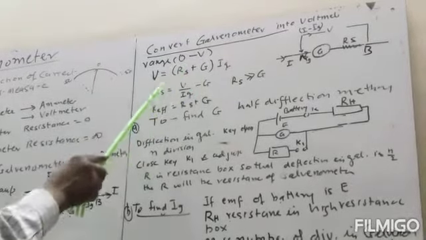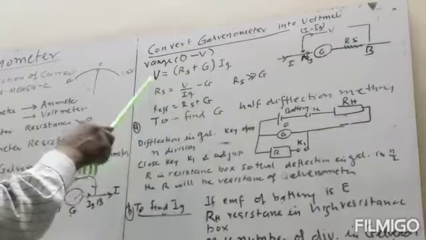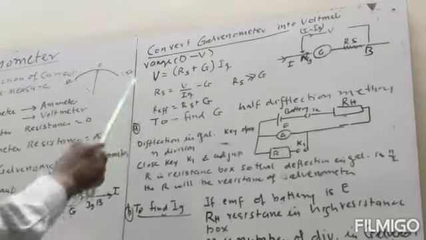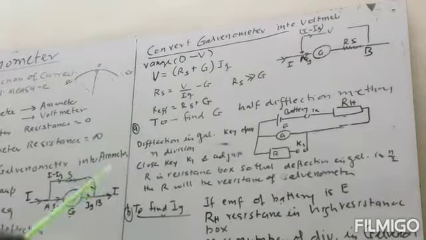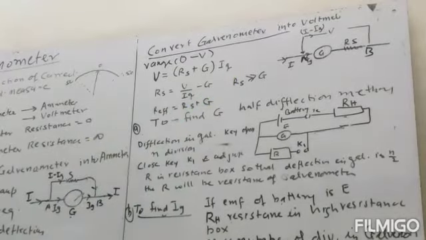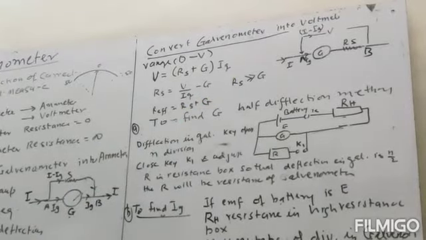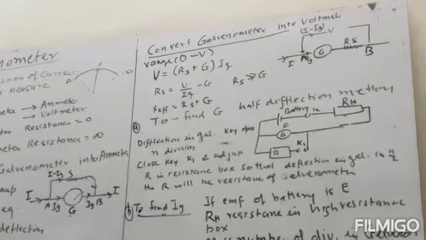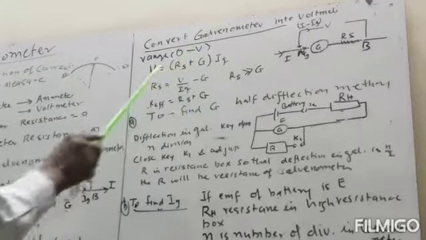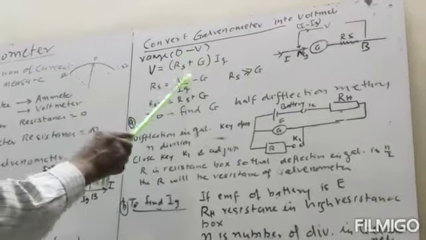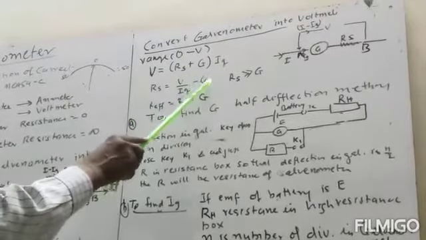So Rs will be equal to V divided by Ig minus G. So the resistance required to convert the galvanometer into a voltmeter, the series resistance, will be equal to V divided by Ig minus G.